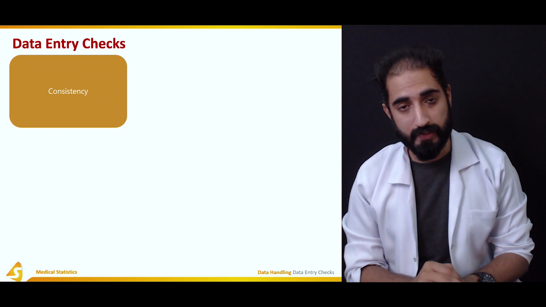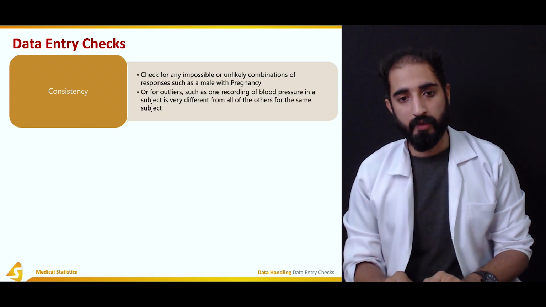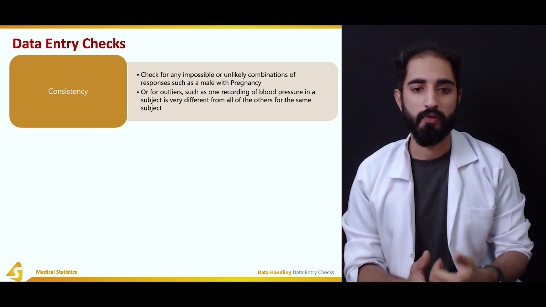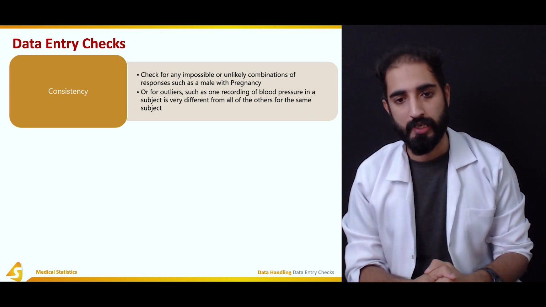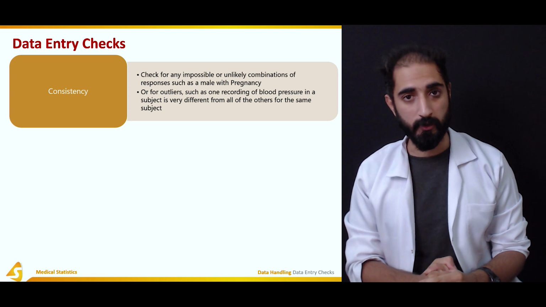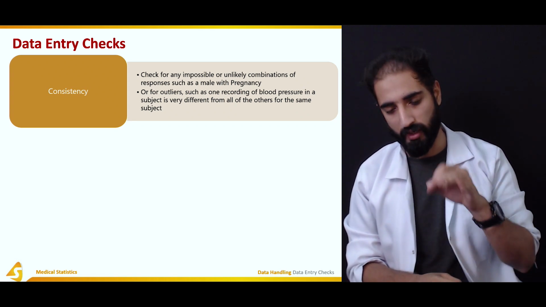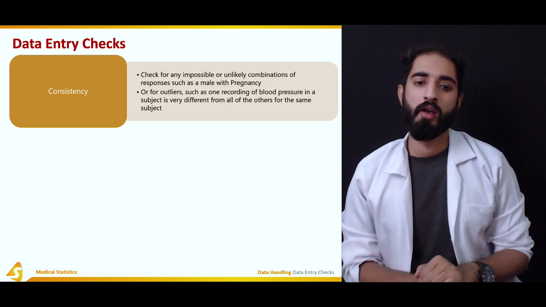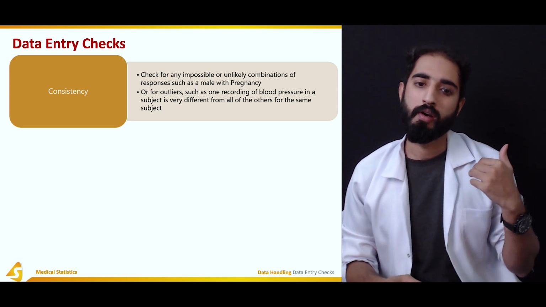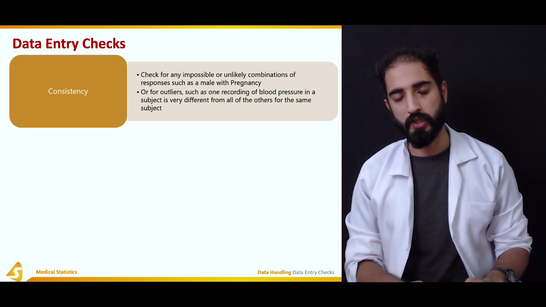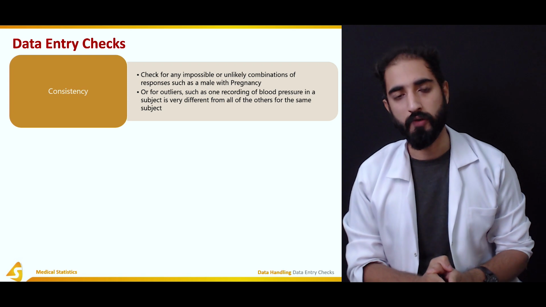Always look for consistency of the data. Check for any impossible or unlikely combinations of responses, such as a male with pregnancy. Now that is not possible, so always check for consistency like that, giving a bird's eye view on it. Also always check for outliers. For example, one recording of blood pressure in a subject is very different from all the others for the same subject.